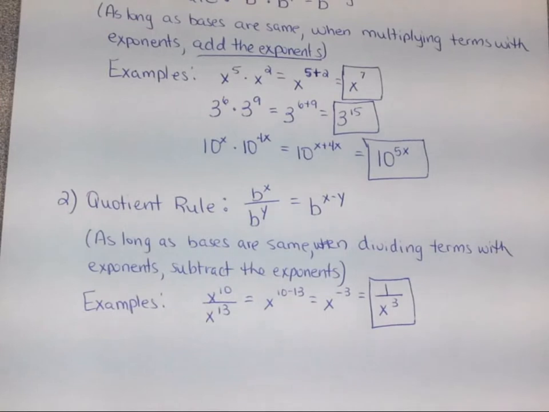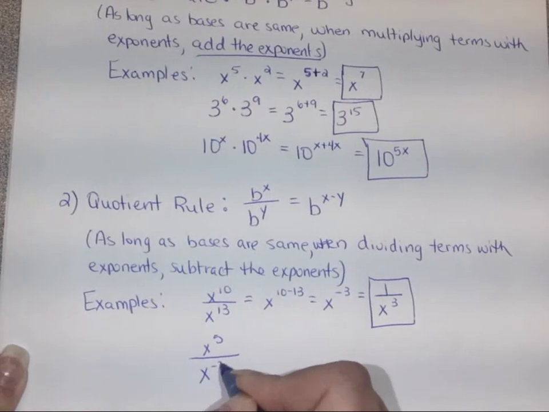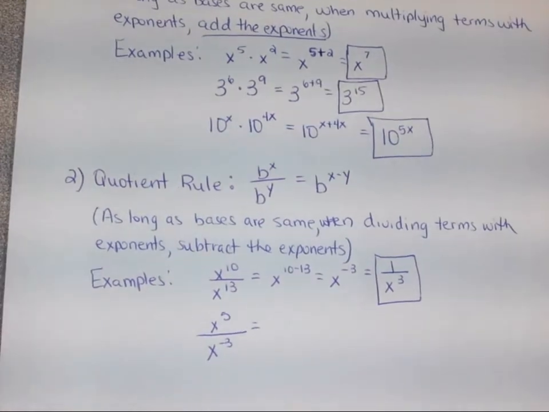Okay, so remember we wrote this down before, but negative exponents give us fractions. So we actually move it to the other part of the fraction. If you have something to a negative power, it's 1 over that thing to the positive power. What about this one? X to the 5th over x to the negative third. So same rule, right? Bases are the same, for sure.